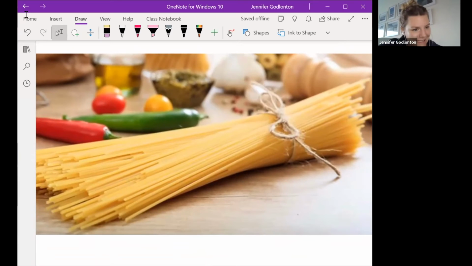Nice job. You got that so quickly. I did not see spaghetti when I looked at that. Spaghetti is a type of pasta. And I told you at the beginning I was going to be super, super specific.